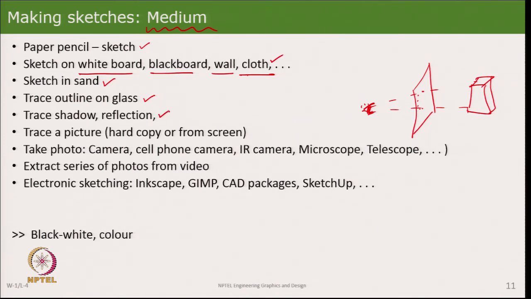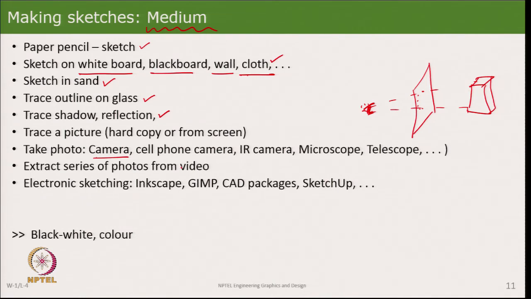We could look at a shadow or a reflection. We could take a picture, and these days it is so easy to take a picture with a cell phone, and then use that picture to convert it into a drawing, and there is software that does it, or we can look at the picture and use any of the earlier techniques to make the drawing.